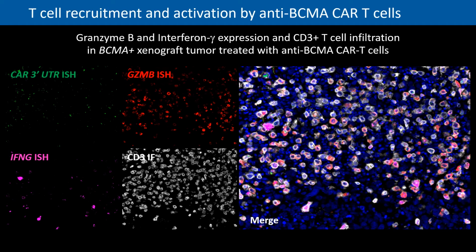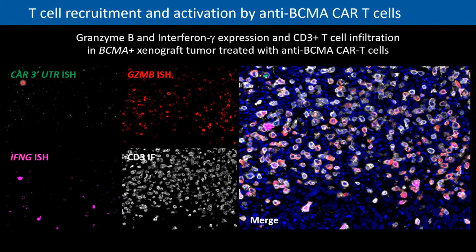Now, from the same study, by using our multiplex assay, we were able to visualize 4 targets simultaneously, where we visualized the CD3 protein in white and then visualized granzyme B, CAR 3' UTR, and interferon gamma using RNAscope. This again shows that with CD3 IF, we were able to identify all T cells.